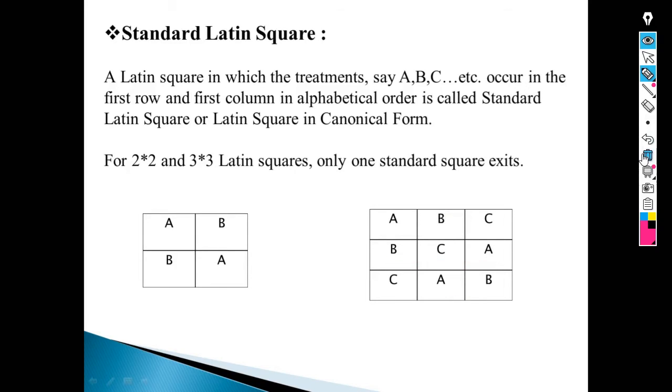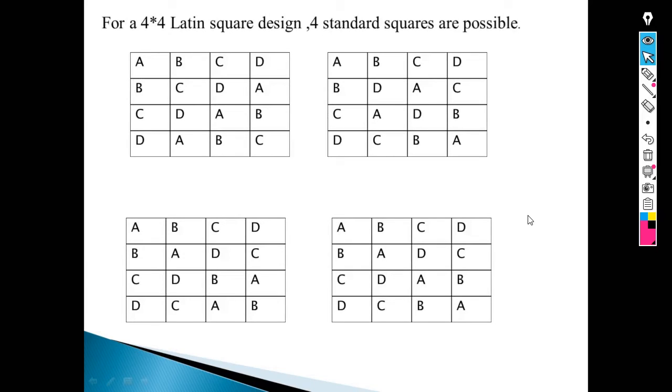In this way we get the standard Latin square for 2 cross 2 and 3 cross 3 Latin squares. So we get only one standard square for this design. But suppose we have a 4 cross 4 Latin square, that is, if we want to compare 4 treatments.